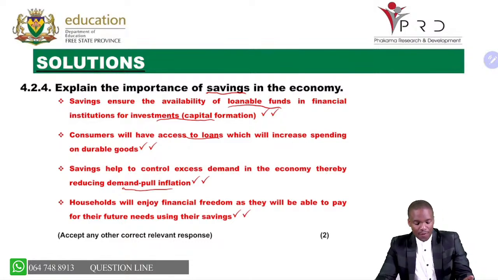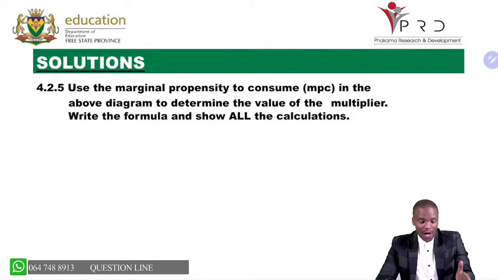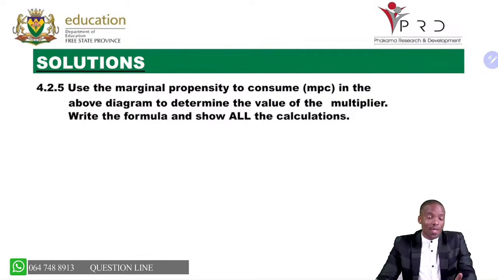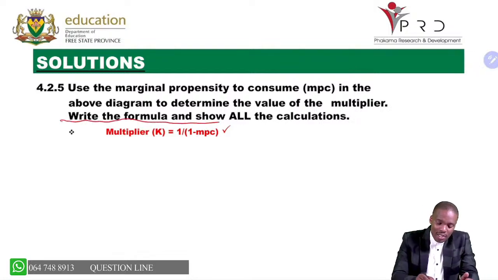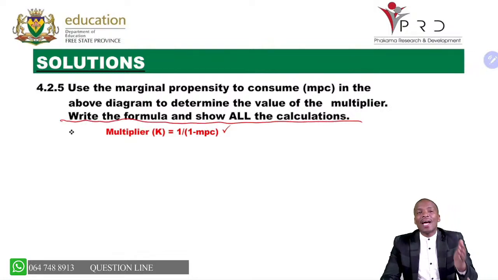Right. So this is where we are now. This is where the mistake starts. Use the marginal propensity to consume in the diagram above to determine the value of the multiplier. Write the formula and show all calculations. Candidates ignore this statement, where we say write the formula.